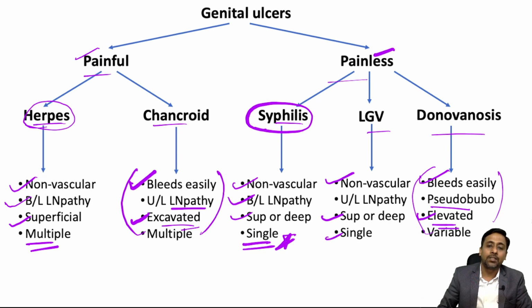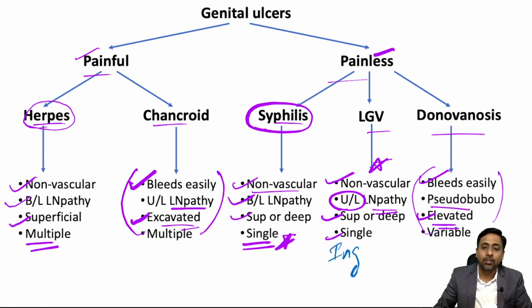But how does it differ from syphilis? It usually shows unilateral lymphadenopathy. And also now you know that the primary lesion is often unnoticed in case of LGV. So what we will see is inguinal lymphadenopathy, and that inguinal lymphadenopathy is also known as inguinal bubo, and it is more commonly seen in males.